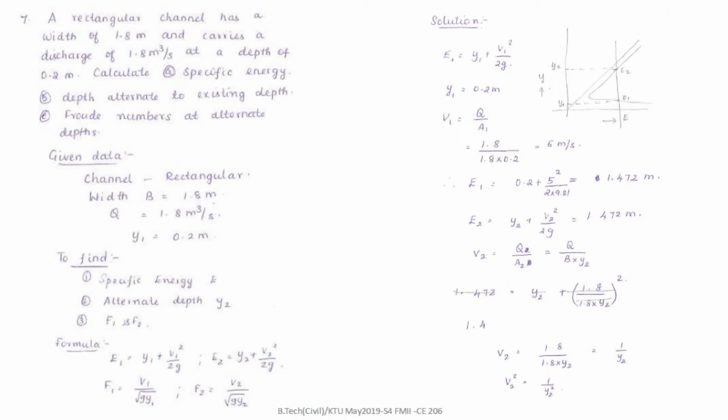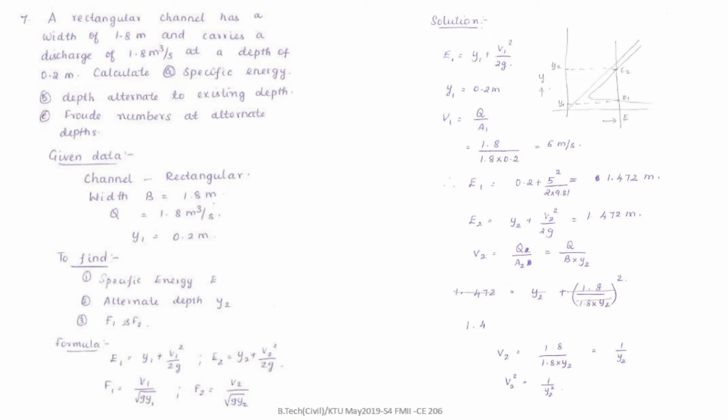What we have to find? The specific energy E, the alternate depth to the existing depth. Here the existing depth is y1, so you have to find y2, and the Froude numbers at the alternate depth, that is F1 and F2. What is the formula connecting y and specific energy? E is equal to y plus V square divided by 2g.